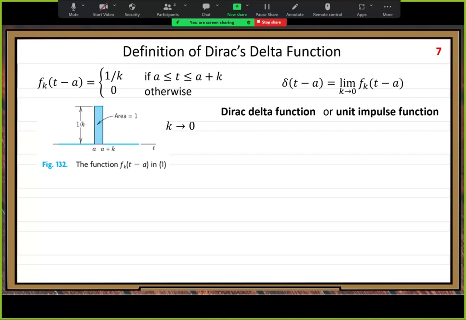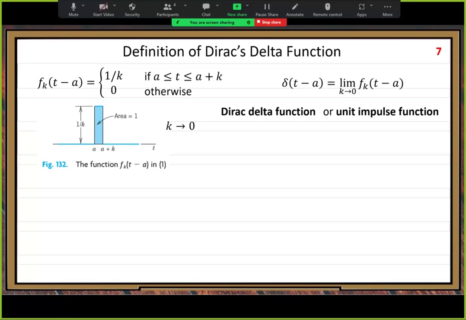So we use this function to model real world impulse phenomena. In the real world, there are a lot of impulse actions, right? How do you model those impulse phenomena? With this function. That's why this function is useful.